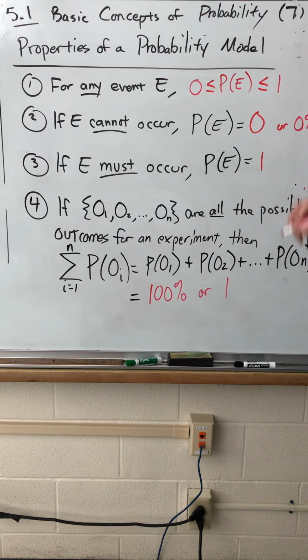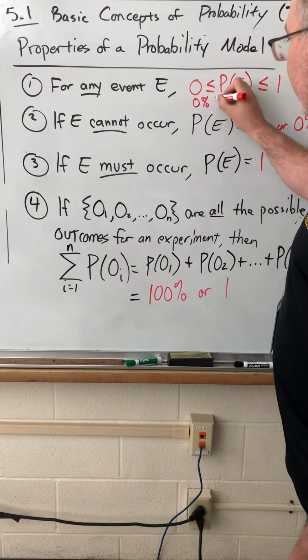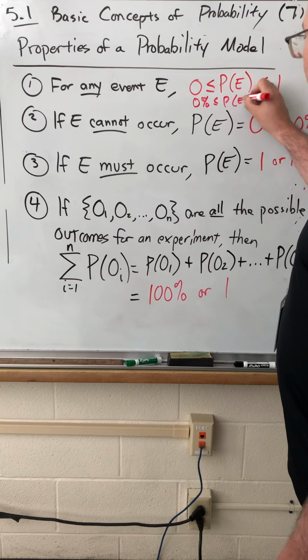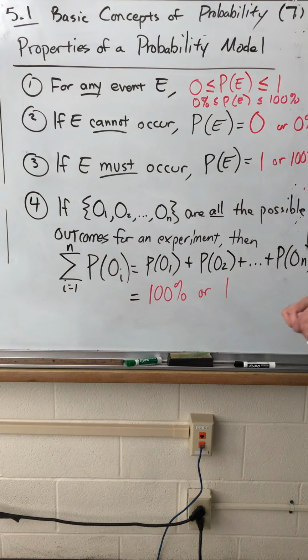If an event cannot occur, its probability is 0%. If an event must occur, its probability is 100%. And for any event, the probability is always between 0% and 100%. So you can always think of probability in terms of decimals or in terms of percents.